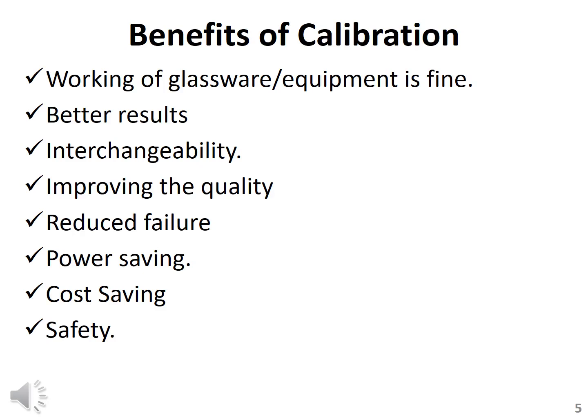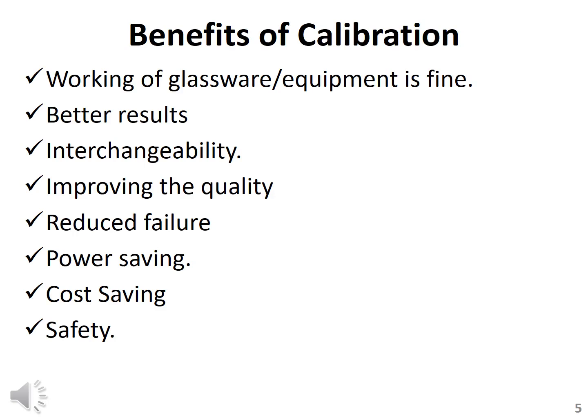Then, very important, if you are using calibrated glassware, equipment or instrument, then the chances of failure will be reduced. And when failure is reduced, you will save power or energy. अगर आप एक चीज़ को बार बार करेंगे तो उसमें जो पावर है, एनर्जी जो है वो ज़्यादा इस्तेमाल होगी. लेकिन अगर आपके फेलियर के चांसेस कम हो जाते हैं, आप एक चीज़ को एक मरतबा करते हैं, तो आप जो पावर सेविंग जो है वो करते हैं.